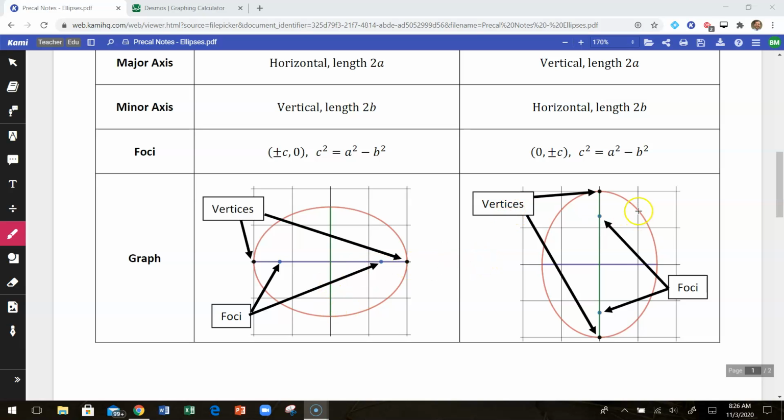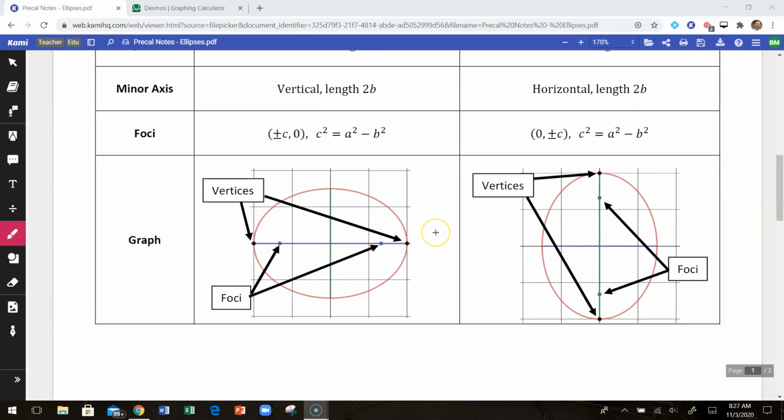And if it's vertical, all that stuff is still on the major axis. It's just that the major axis this time is the vertical axis. The vertices are on the endpoints of that, and the foci are on the major axis. Our minor axis in this case is this horizontal distance that we have stretched. Okay, so we need to figure out the orientation of the ellipse, and then we should be able to find all the information about it pretty quickly.